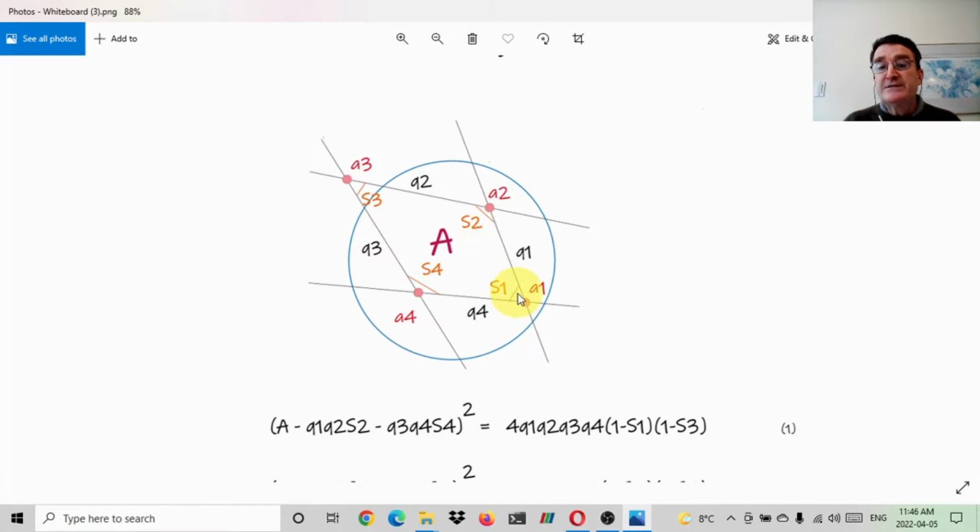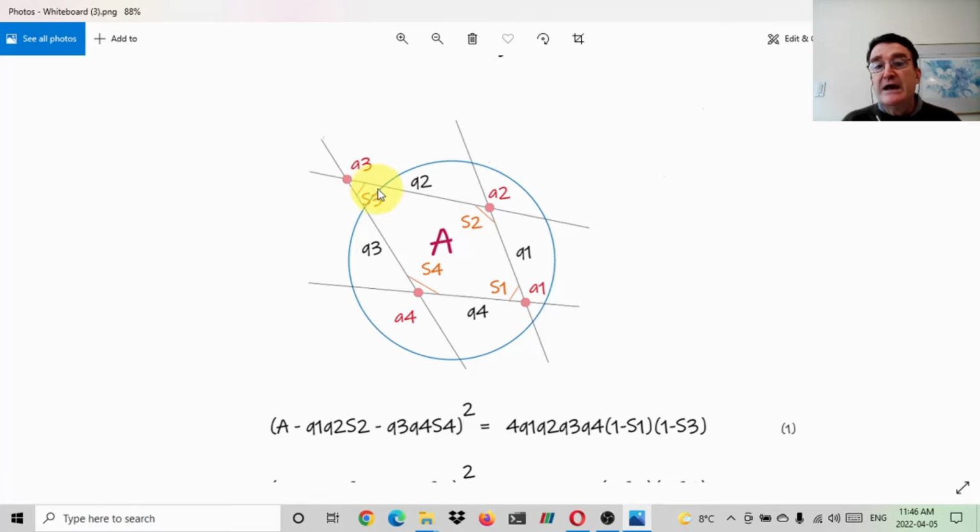And we also have spreads: S1 at point 1, which is the spread between lines A4A1 and A1A2. So that's the spread S1. And similarly, we have spread S2 between lines A1A2 and A2A3.